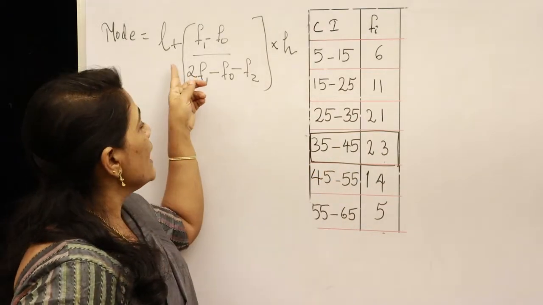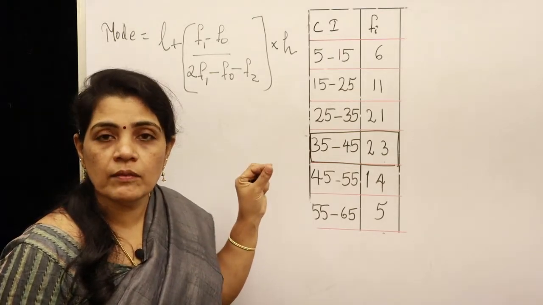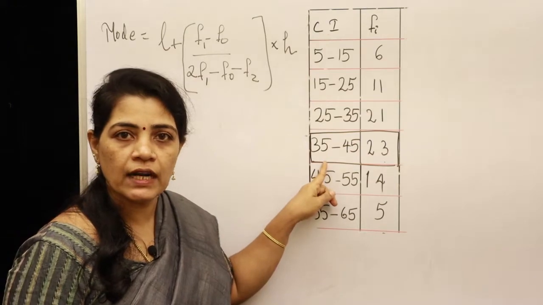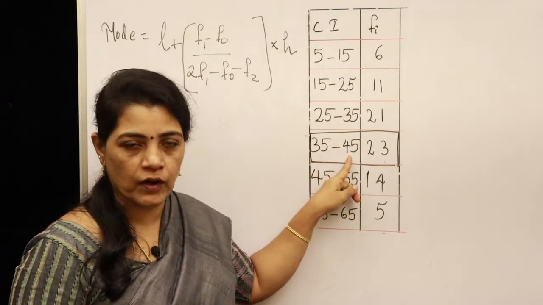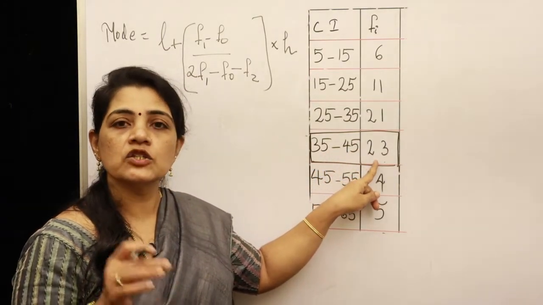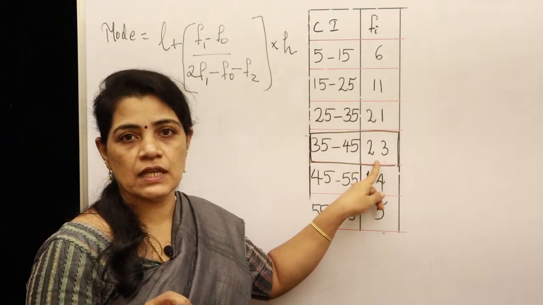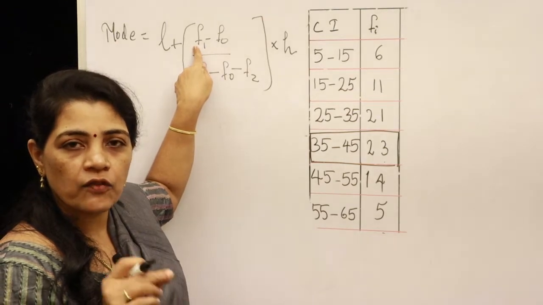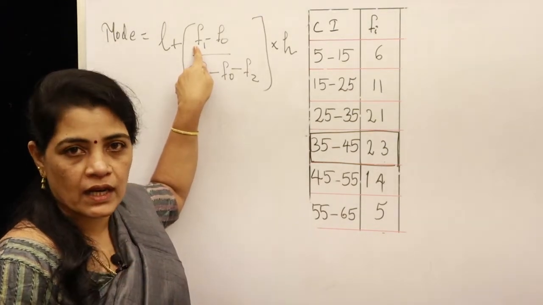Okay, and here L stands for the lower limit of the modal class. So we have already highlighted this modal class is 35 to 45 and frequency is 23. That frequency 23 is F1. Okay, so F1 is the frequency of the modal class.